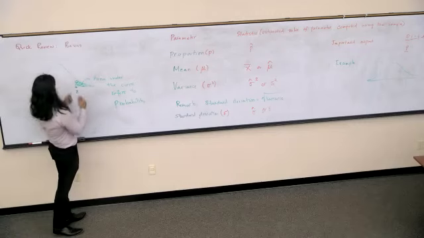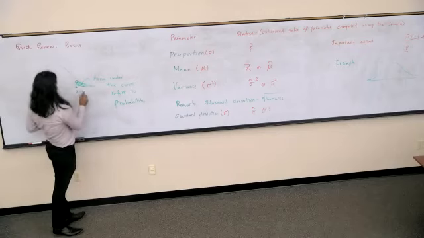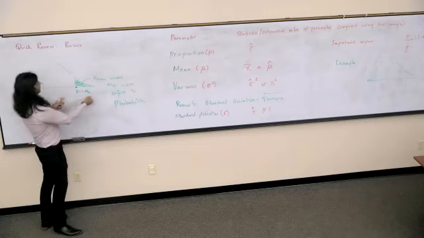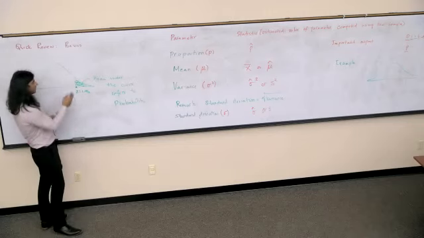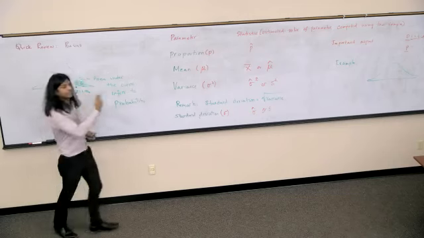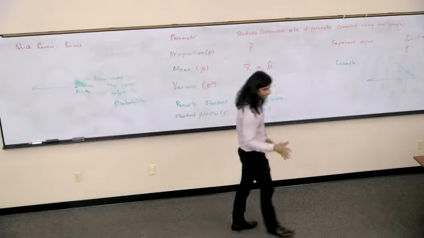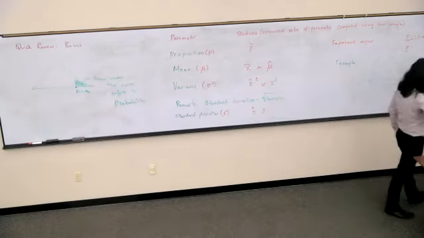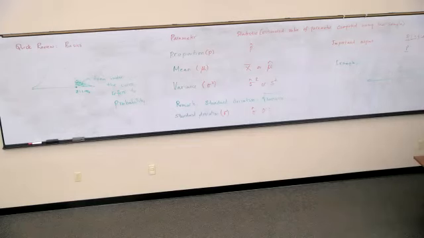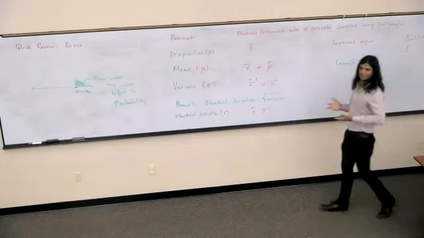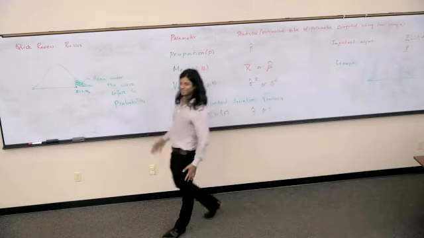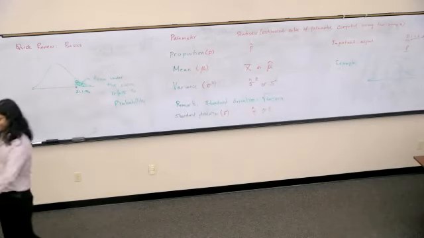So if, for instance, z is 1.96, we can find the probability above 1.96. Alpha levels.